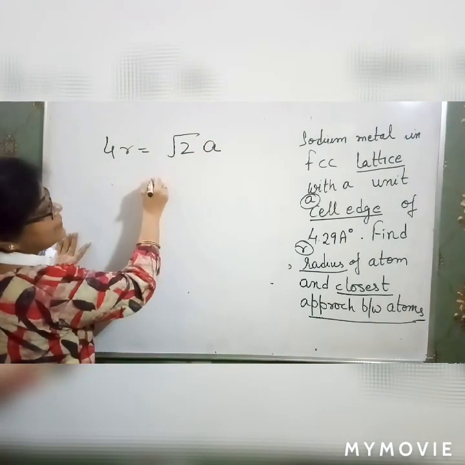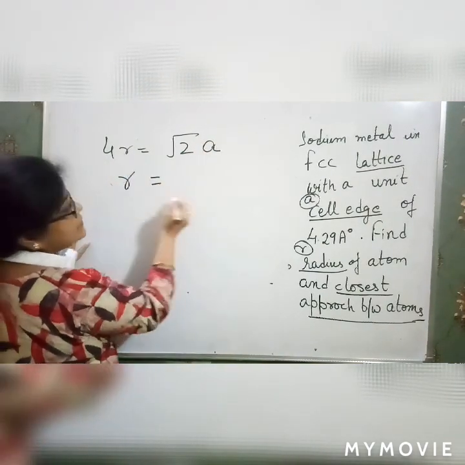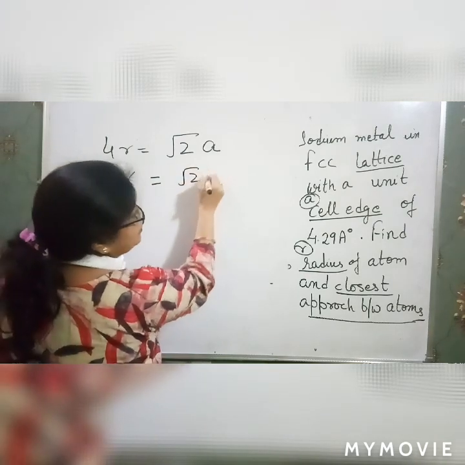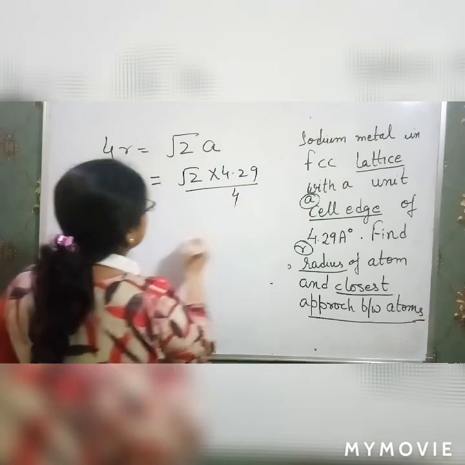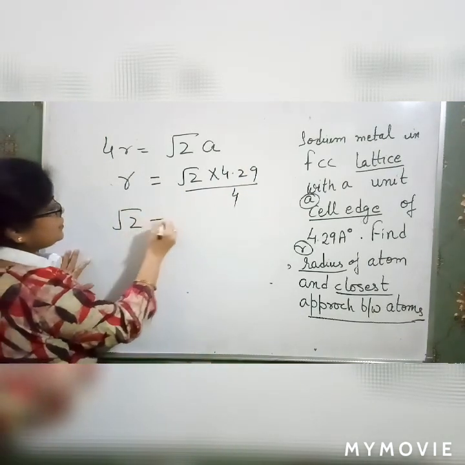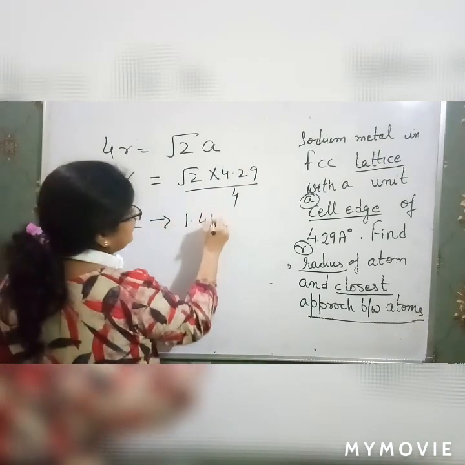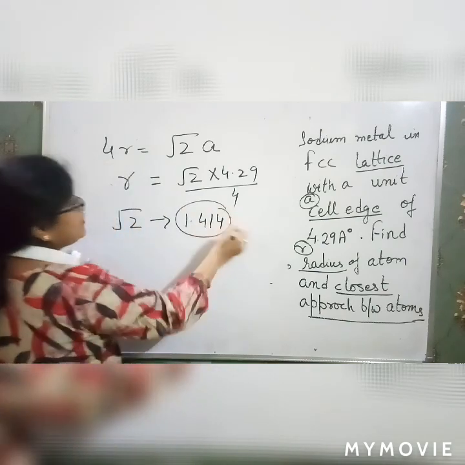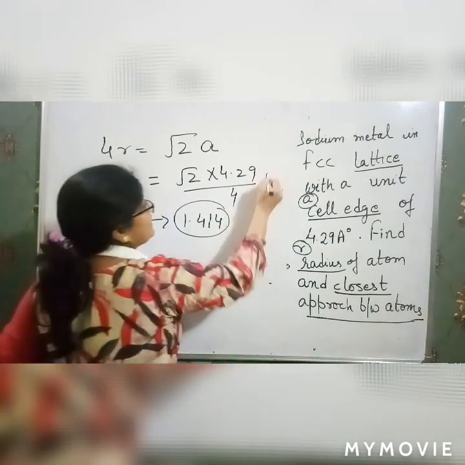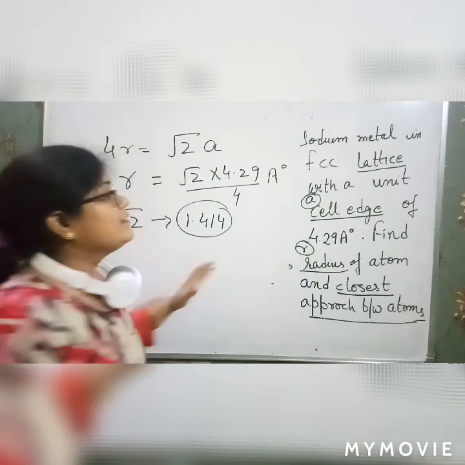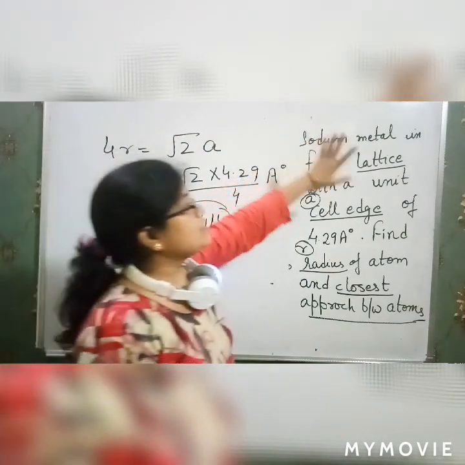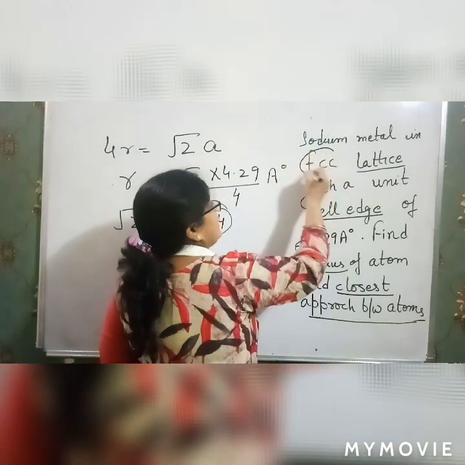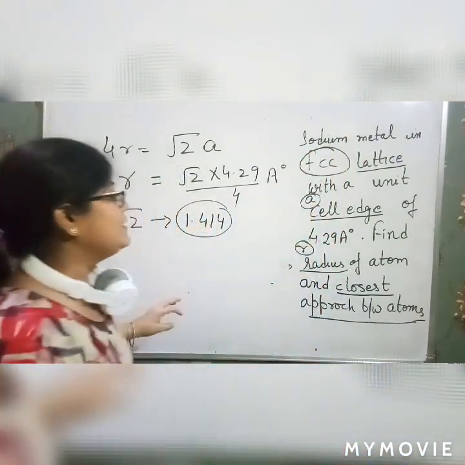So here the radius is equal to under root 2 into 4.29 over 4, clear? And the value of under root 2 is 1.414, clear? When you put all the values here, you will get the radius of the FCC lattice. For example, it is not the sodium metal, I just changed it to an FCC lattice.